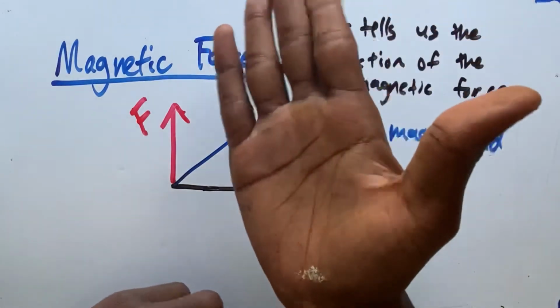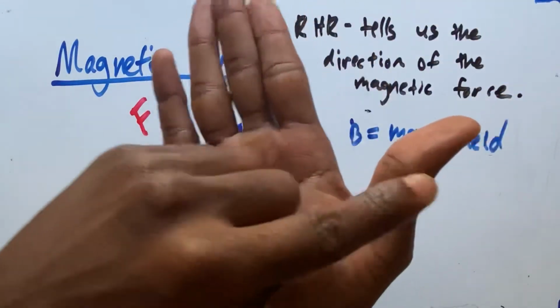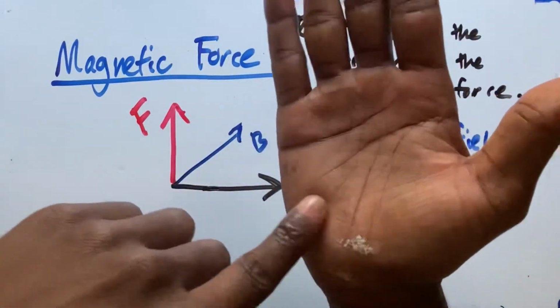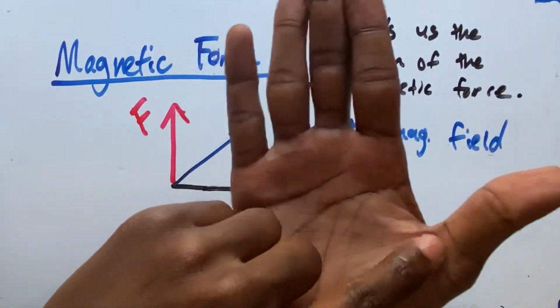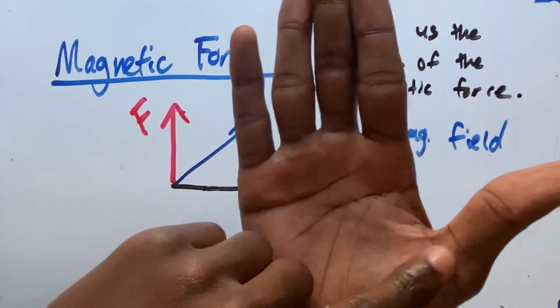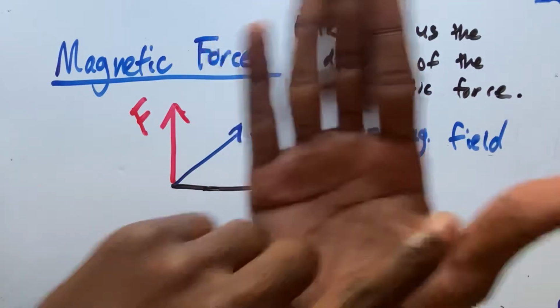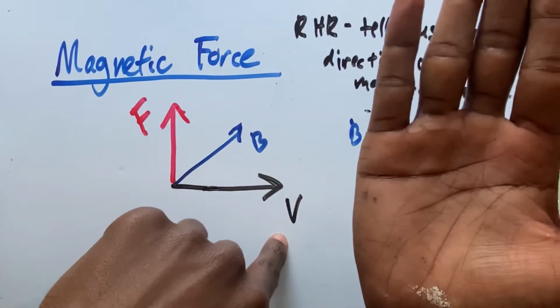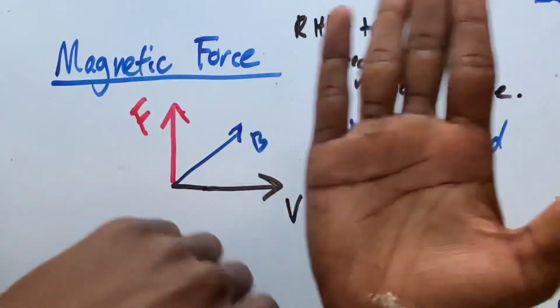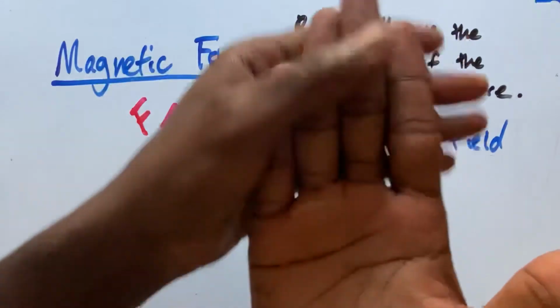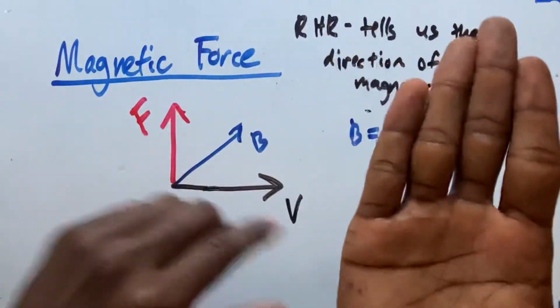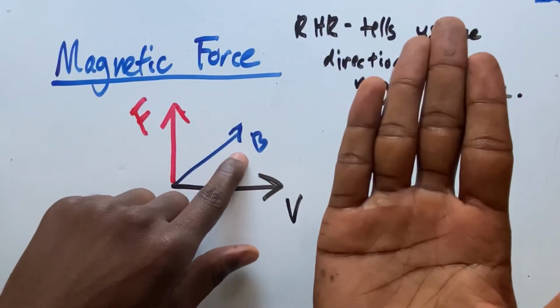So how we do that with our hand is the thumb, sorry, it's paint on my hand. So our thumb is going to be the direction of the moving charge. So it can be the current or it can just be the velocity, depending on the scenario. So here, let's say it's the current. So my thumb represents the current. My fingers here are going to represent the magnetic field.